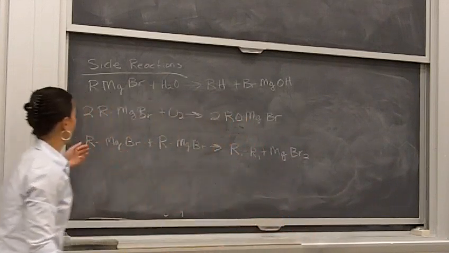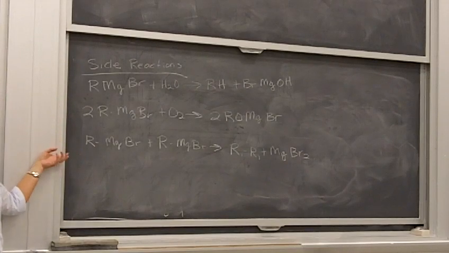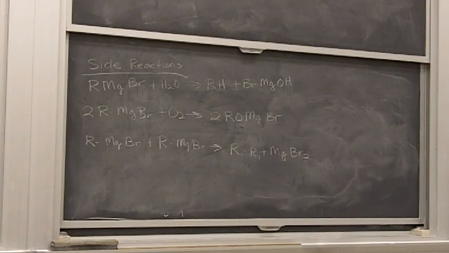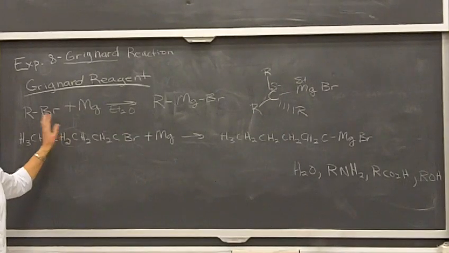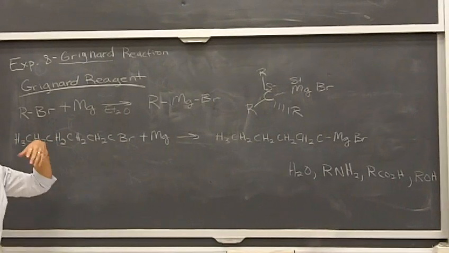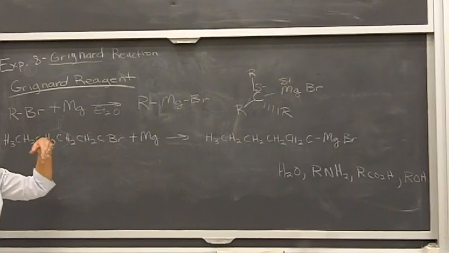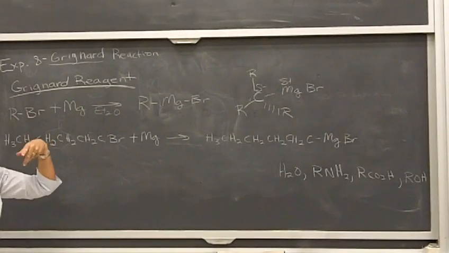So what we are going to do is in the formation of our Grignard reagent, we're going to add our alkyl bromide dropwise so that we don't have too much of it sitting there ready to react with itself, okay? So we'll add it dropwise so it's slowly being added and then it's reacting with the magnesium as it's being dropped in there.